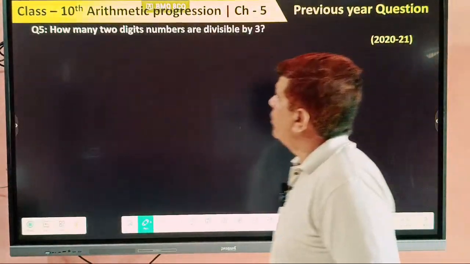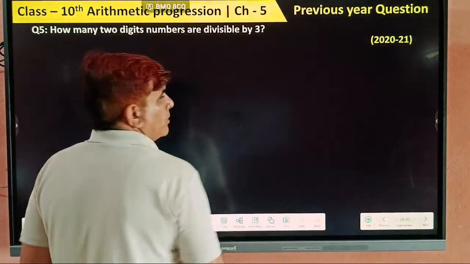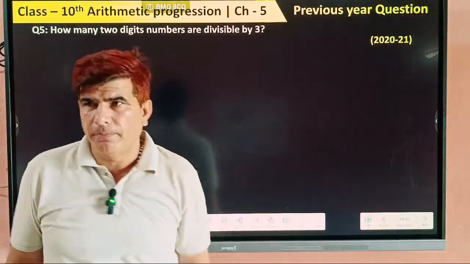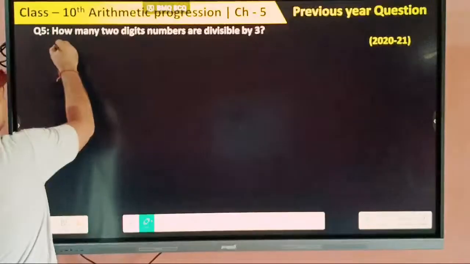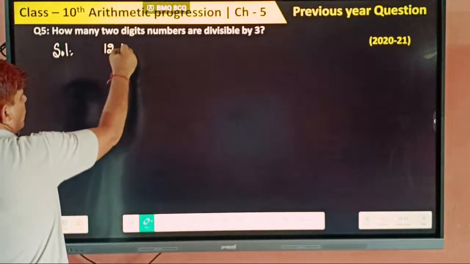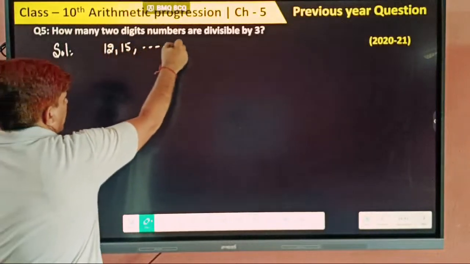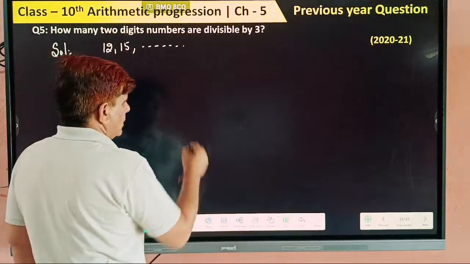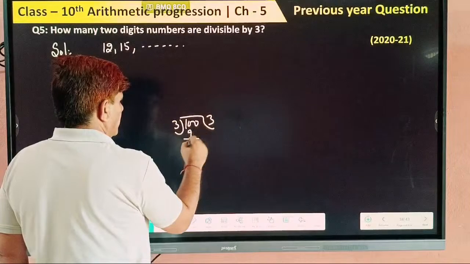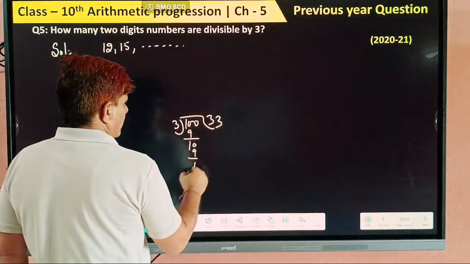Question number 5. How many two-digit numbers are divisible by 3? It means you have to find n. So the solution: first term 12, then 15, then like this. What's your last term? 100, if you divide by 3, 3 threes are 9, 33.